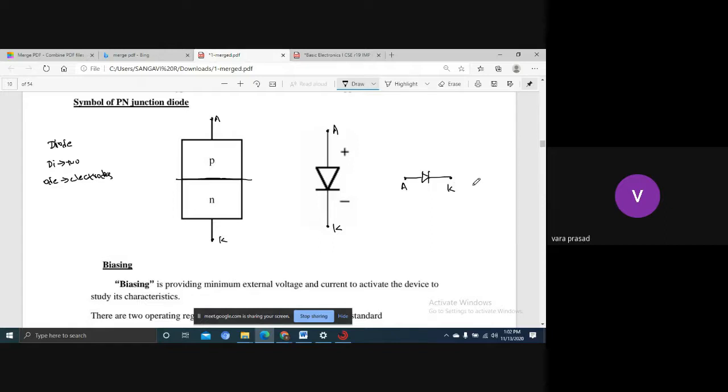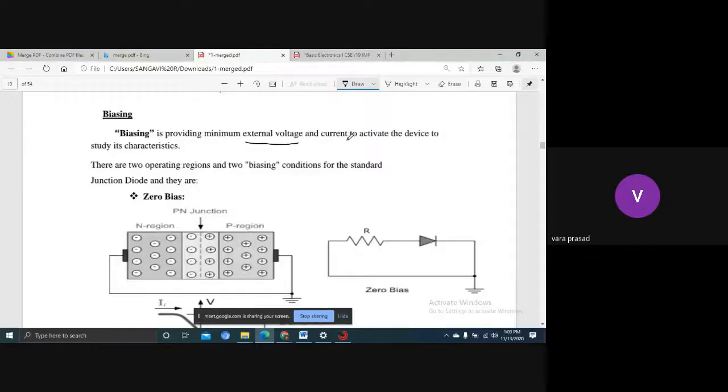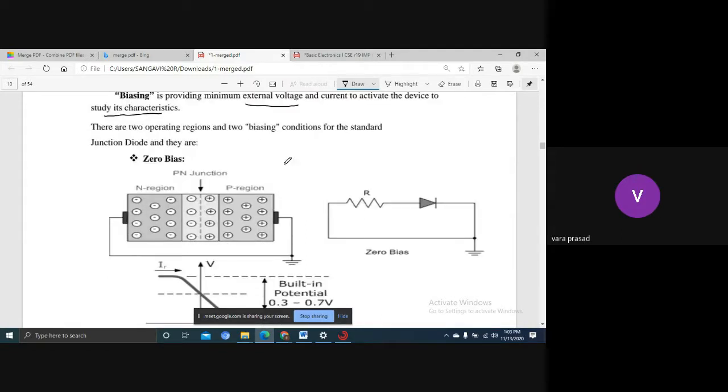Next, biasing. Biasing is nothing but providing external voltage and current to the device. Why we give it is to study its characteristics. There are two operating regions and two biasing conditions for a standard junction diode.